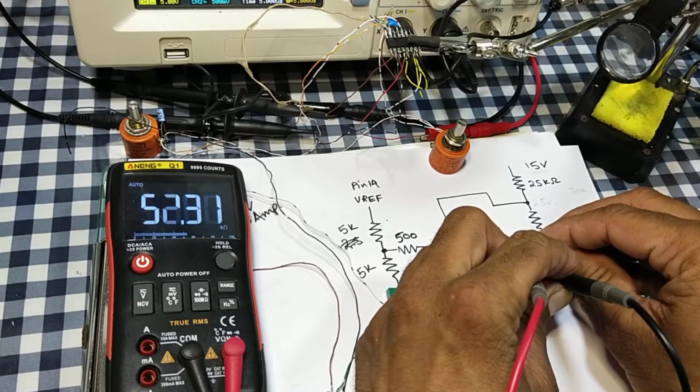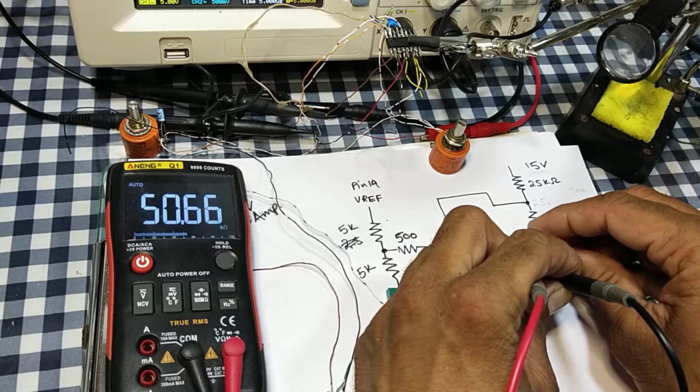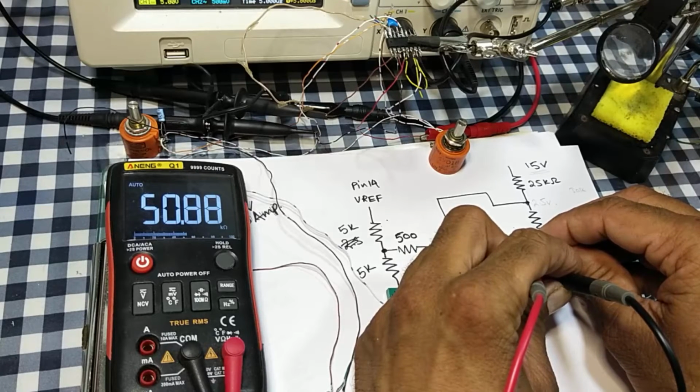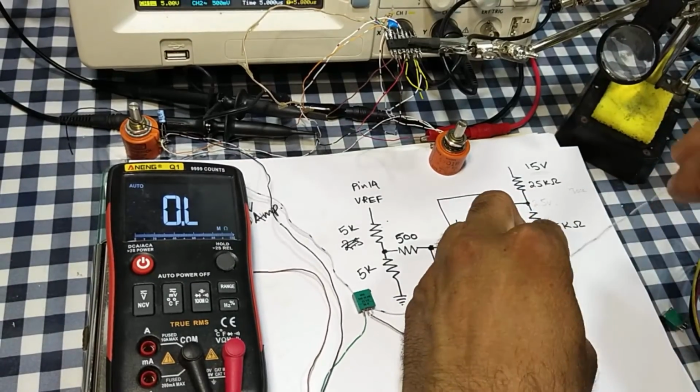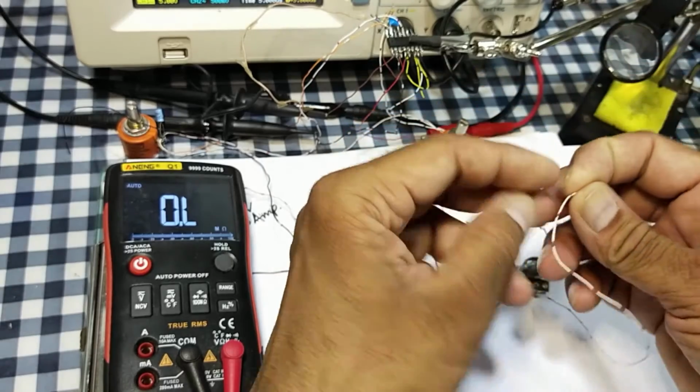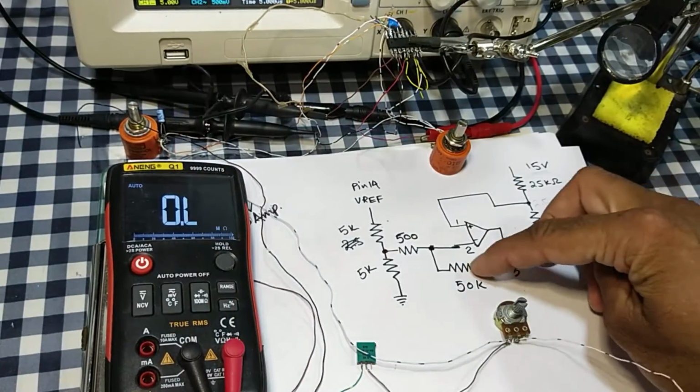So we will set it to 51k to give a 100 gain.